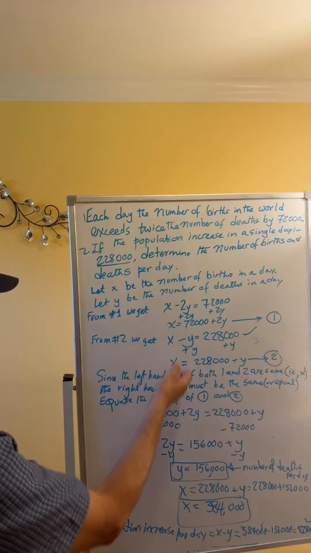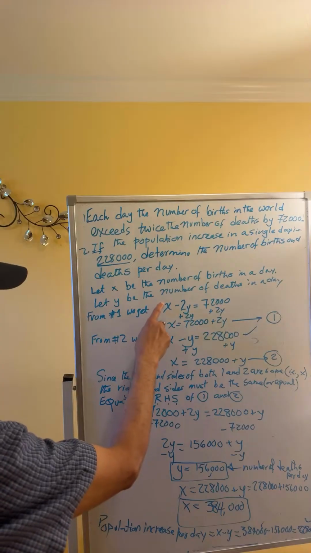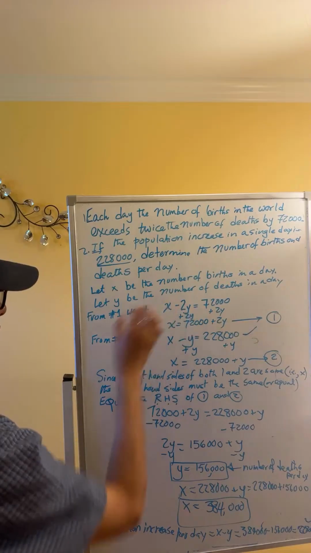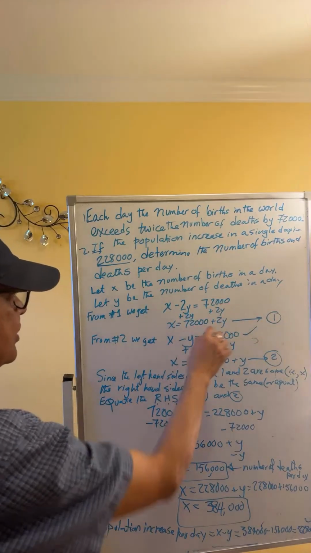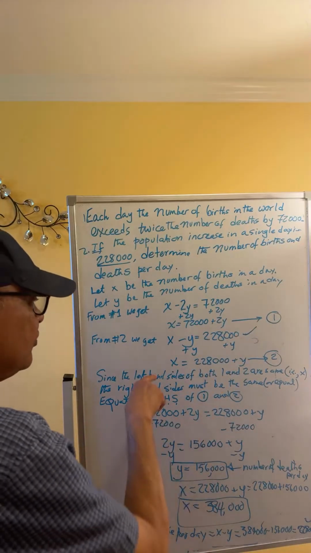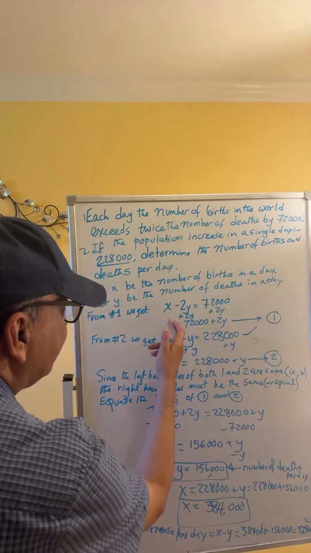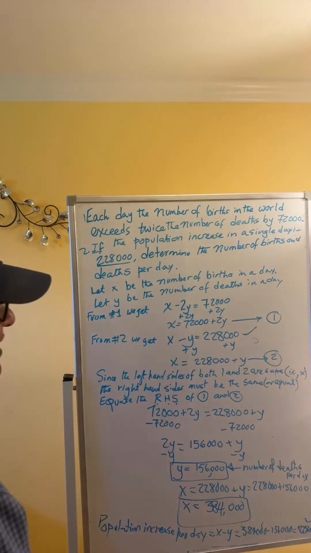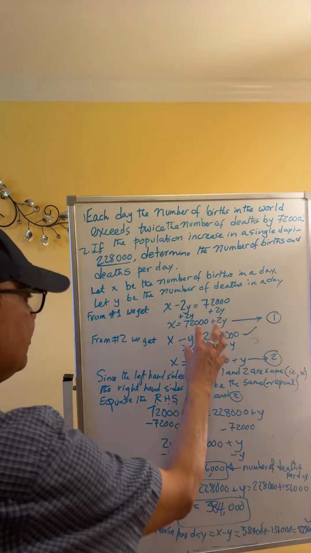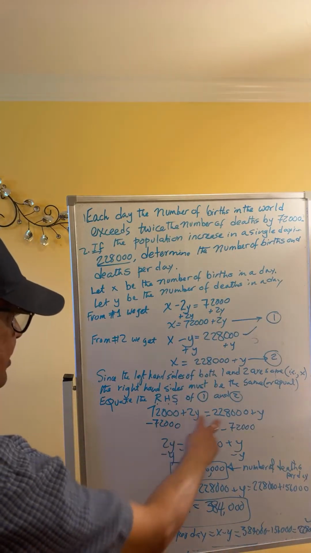Okay, then what did we do? We solved for x in both these two equations. x minus 2y from number 1 is 72,000, so x is 72,000 plus 2y, and x minus y is 228,000, so x is 228,000 plus y. Now on the left hand side of both 1 and 2 you have x. So the left hand sides are equal, therefore the right hand sides have to be equal too, which we did in this step.